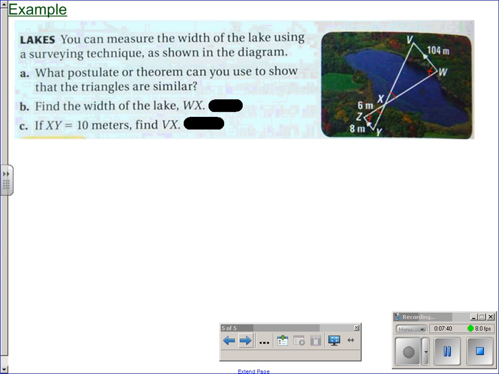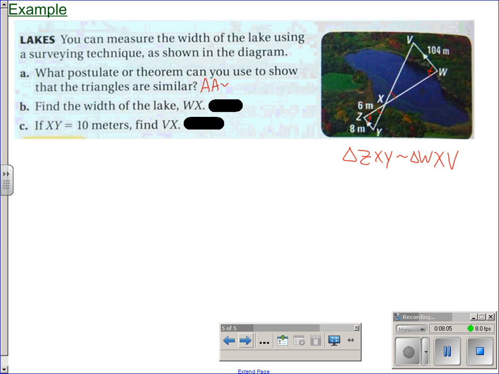These two triangles are going to be similar to each other. And just to help with the correspondence, I'm going to write the similarity statement. Triangle ZXY is similar to triangle. All right, Z corresponds to W, X corresponds to itself, and then we go to V. So, these two triangles are similar because of angle-angle similarity.